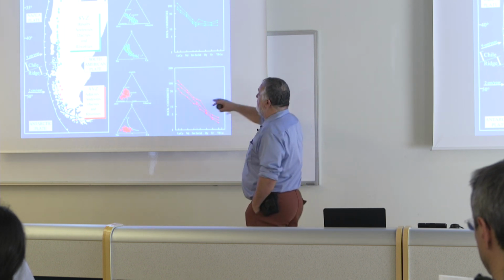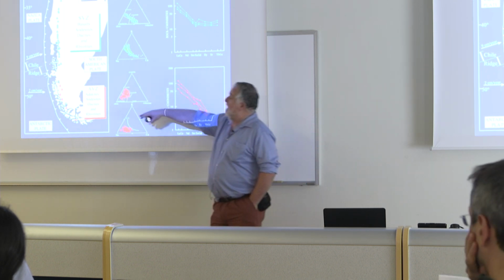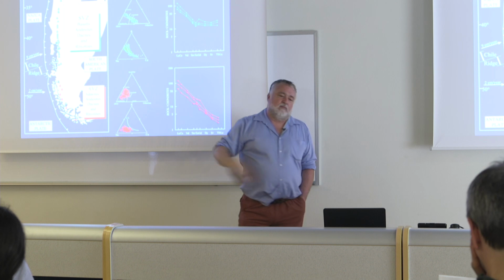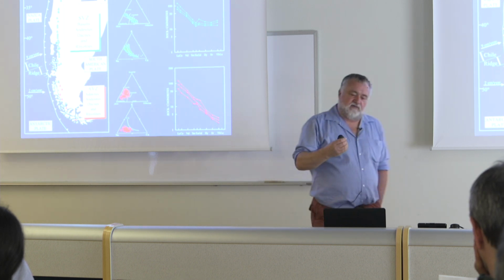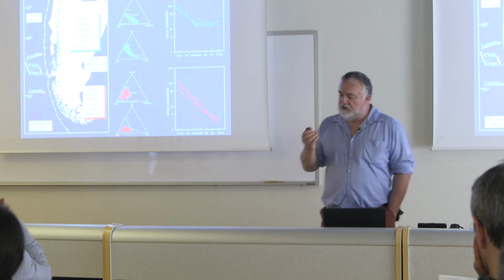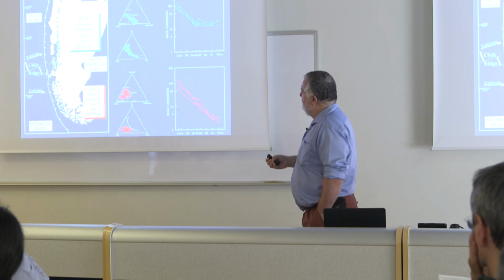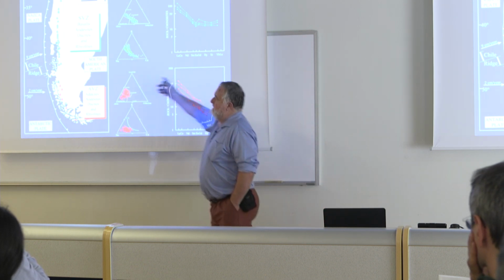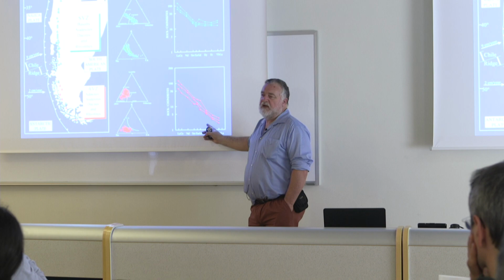But what we see is that when we are able to subduct very young oceanic crust, we subduct a warm oceanic crust, and we can produce magma that look like the Archaean magma.